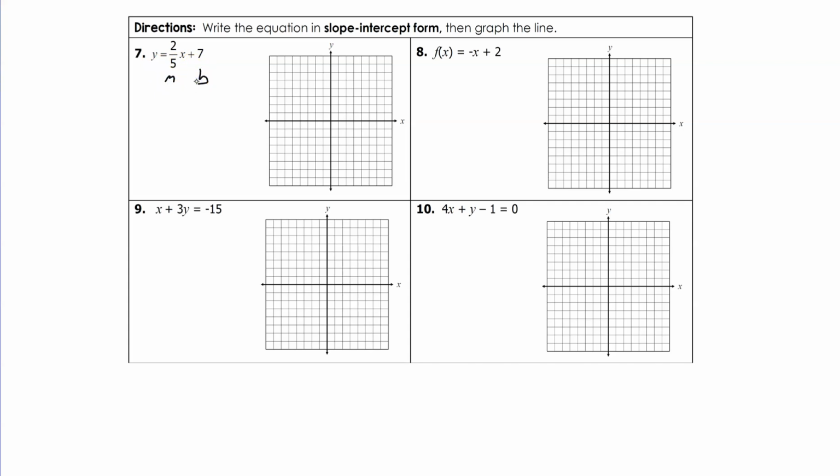So in order to graph this line, what we have to do is identify what m the slope is, which is 2/5, and the y-intercept, which is positive 7. Now, if you remember how to graph a line, we always start at the y-intercept, which is 7. So I go 1, 2, 3, 4, 5, 6, 7.